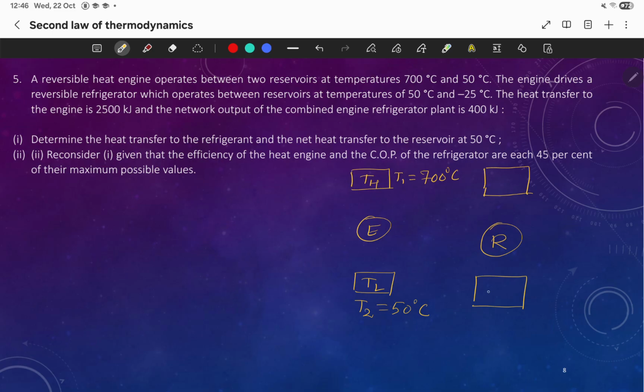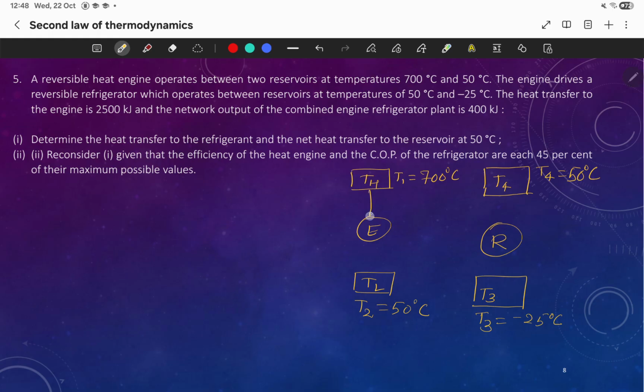I am taking this as the lower temperature, T3, which is minus 25 degrees Celsius, and T4 is 50 degrees Celsius. The heat transfer to the engine is 2500 kilojoule, and the net work output of the combined engine refrigerator plant is 400 kilojoule.